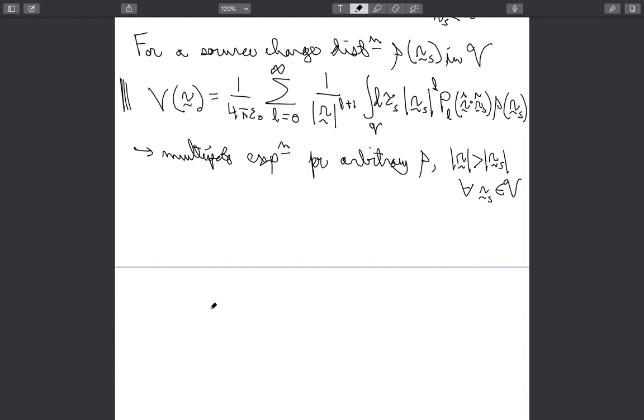All right, so maybe just some very simple examples on this. Again, these are things that you probably already know. So let's just do the simple case of an electric dipole.